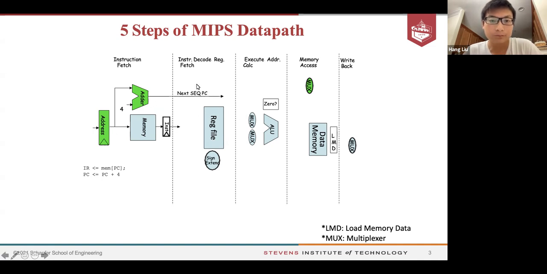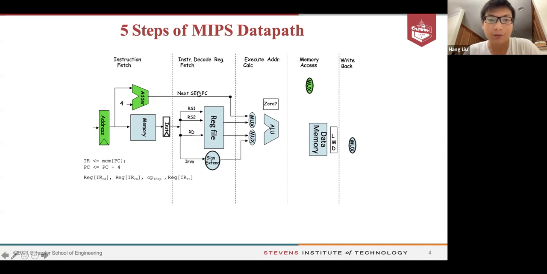Okay. And then the second step is instruction decoding. Basically, you get source register 1, source register 2, and the destination register. And also you could potentially have the immediate. Then you do sign extend, because the immediate is shorter than 32 bits. The total of RS1, RS2, RD, potentially the immediate, and also the opcode together is 32 bits.